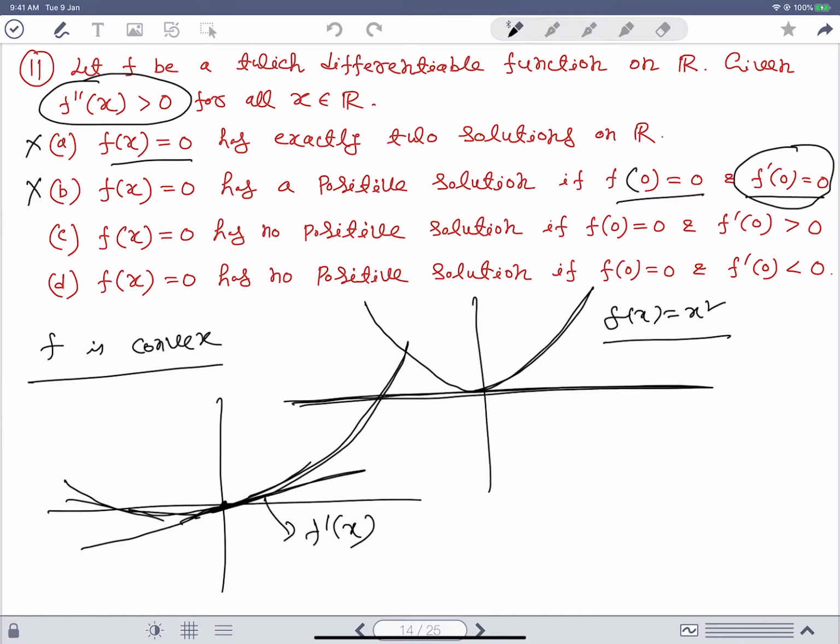Now it has no positive solution because it is a convex one and that is a tangent, right. So this is the right one.